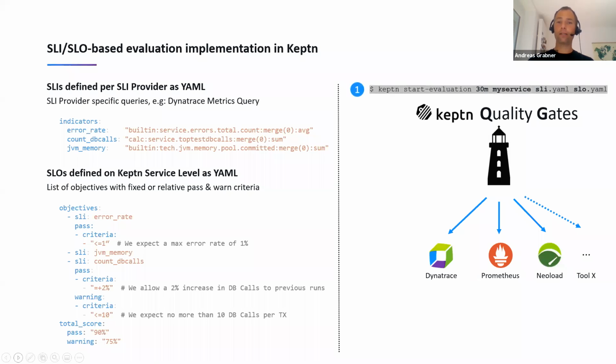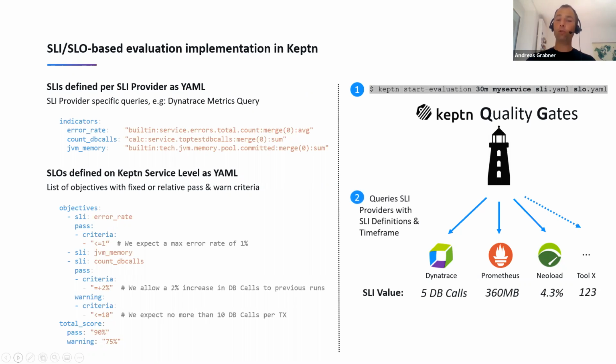Now what happens is, when you call Keptn, please start my evaluation for a particular time period, in our case the time period of the test of my service under test or my test environment, and here's my SLI and my SLO, then Keptn automates that process of pulling out all these indicators, the values from the underlying tool, compares them against your SLO, scores every metric, and then comes up with an overall score.